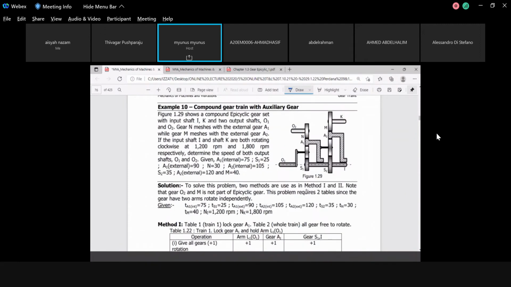That is why they provide you 2 speeds: one is 1200, coming from the input shaft, and on the other hand shaft K is also running at 1800. Don't worry, even though you know well that shaft K is not part of this epicyclic gear, you need to calculate A2.